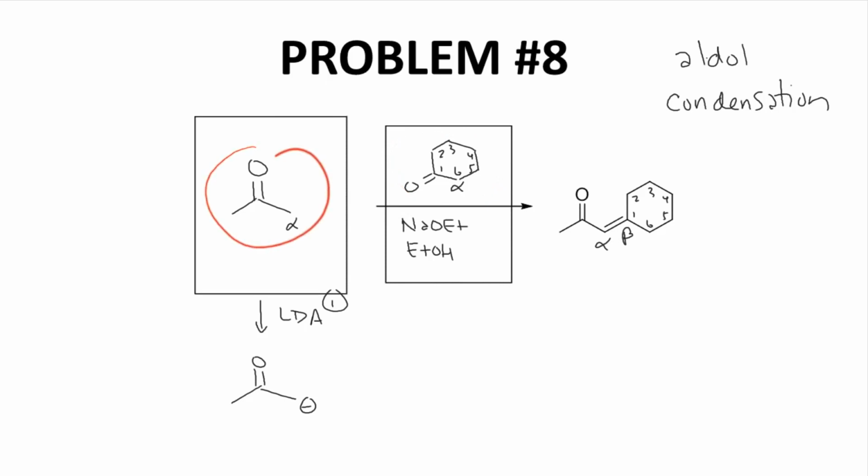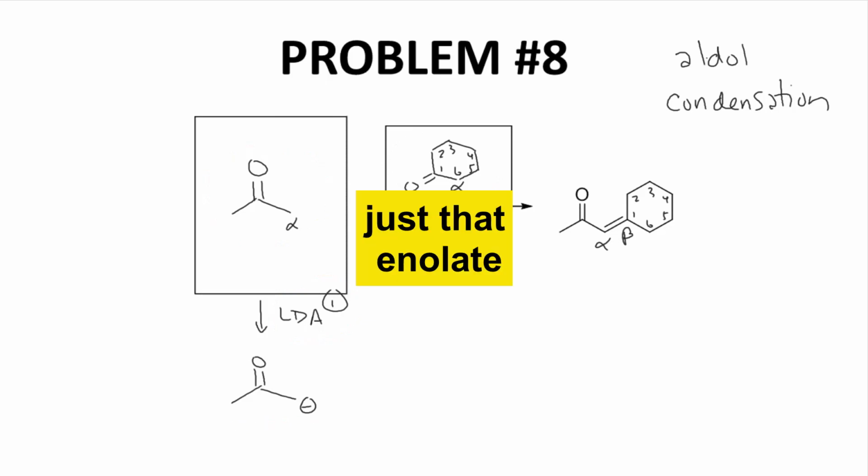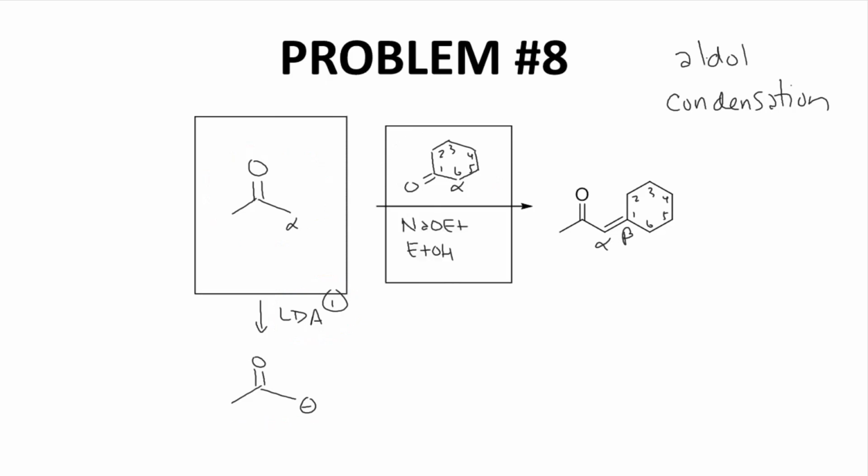So this is the only ketone, so LDA will give us control over forming just that enolate. And we need to make sure you completely form an enolate, you need to use LDA. You can't throw in these weaker bases and just sort of let things do what they want. You've got to have control, so you have to use highly reactive reagents.